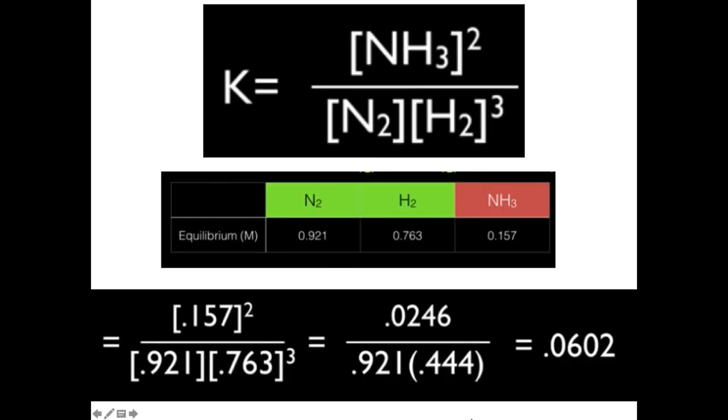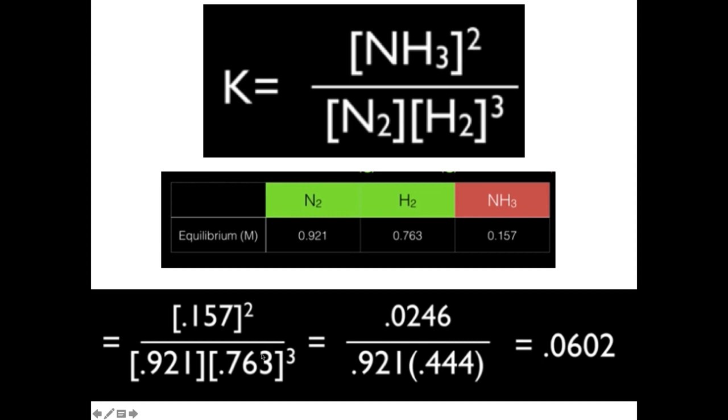And at equilibrium, you have this equation here, where K equals NH3 squared over N2 times H2 cubed. And then this is at equilibrium. Here are the points here. Then what's going to happen is K will equal NH3 squared, N2 and H2 cubed.